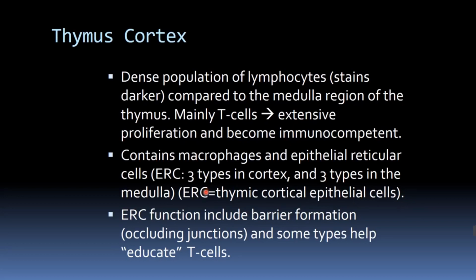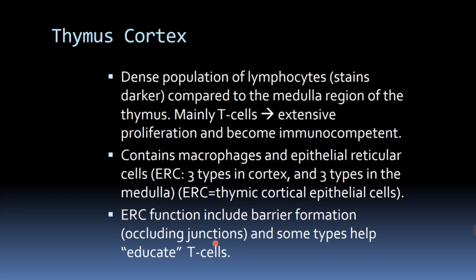ERC function includes a barrier formation. That's critical. Specifically, ERC1 forms a huge barrier. We'll show you that in a minute. They form occluding junctions with each other. So these cells line up next to each other all the way, and they line the vasculature. You have to basically feed the organ and take away the waste products, so you have an artery and vein that come in.